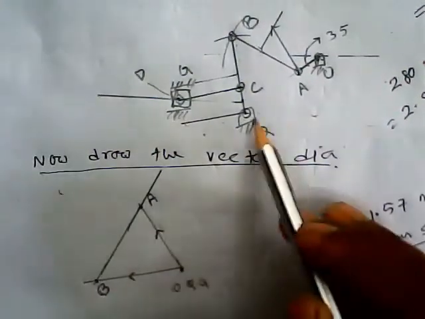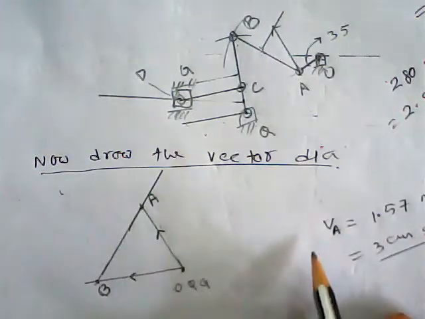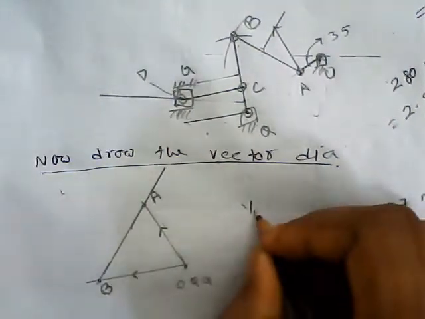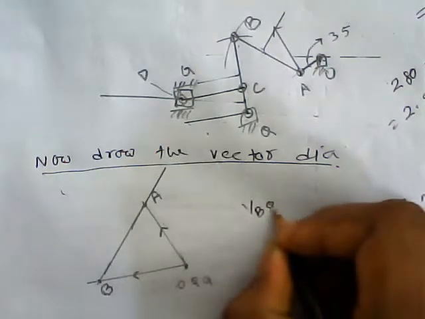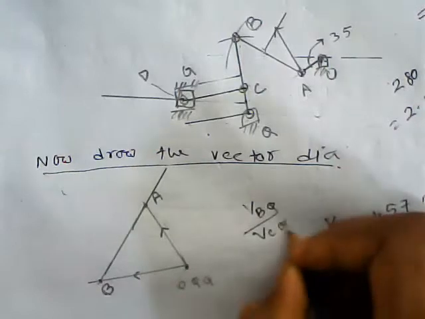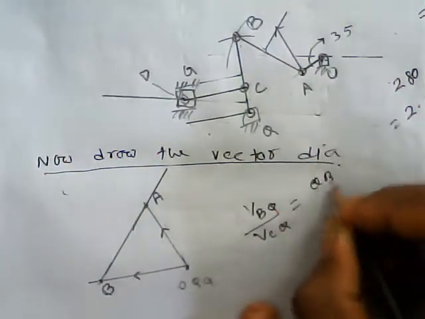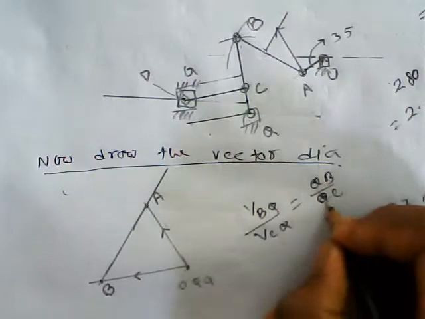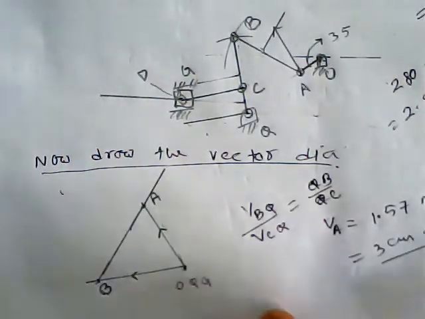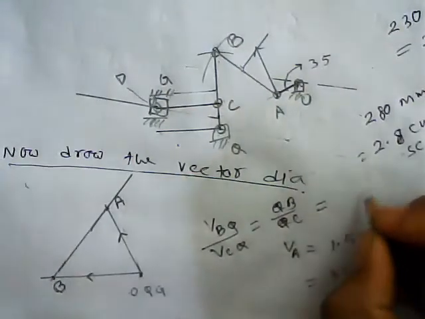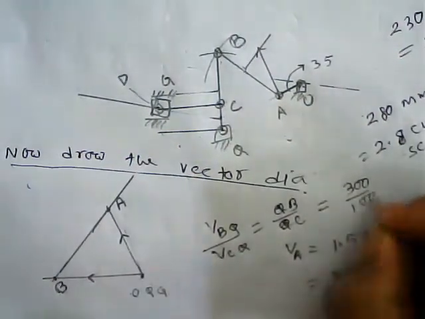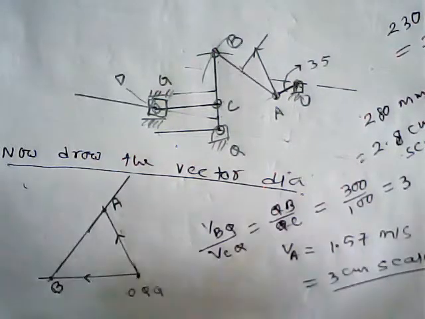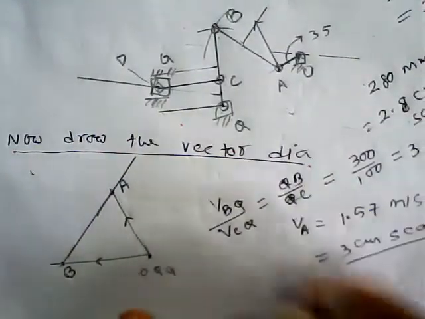Now point C on the link QB. Velocity of B with respect to Q divided by velocity of C with respect to Q equals QB by QC, and from this relation we get velocity of C with respect to Q. The ratio is 300 by 100, so V of BQ and V of CQ, the ratio is 3.